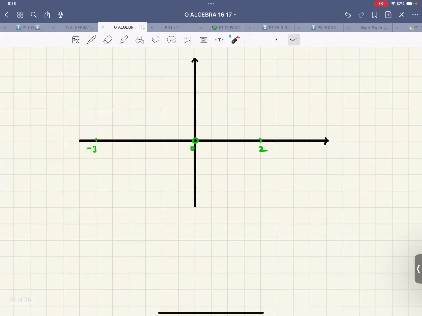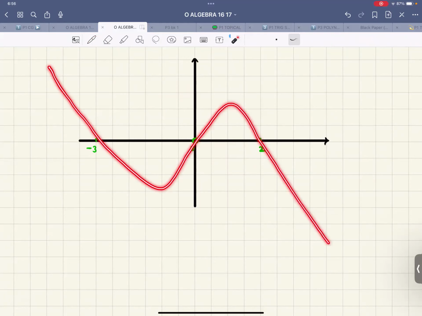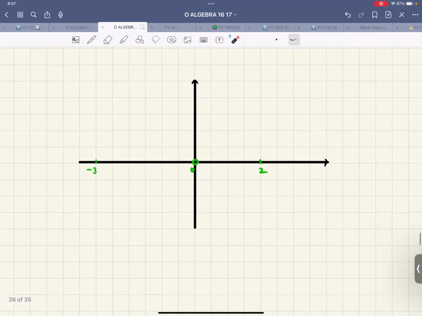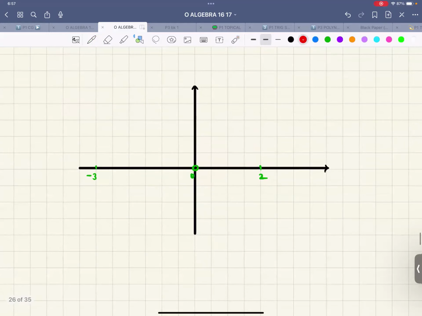So now it goes like this, and like this. That's how the graph is drawn. It has to pass through the roots. At the same time, top left, bottom right. So let me draw portions of this graph step by step.